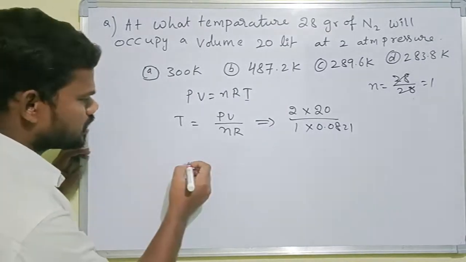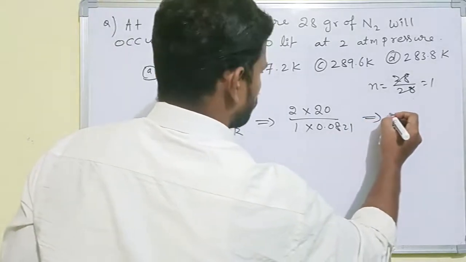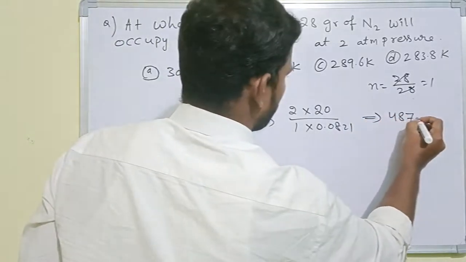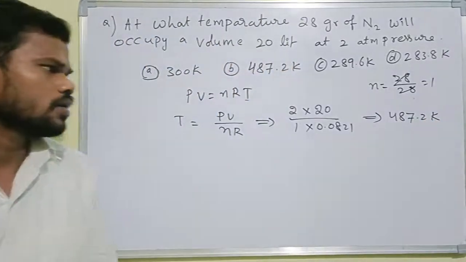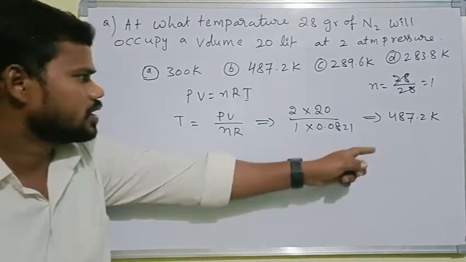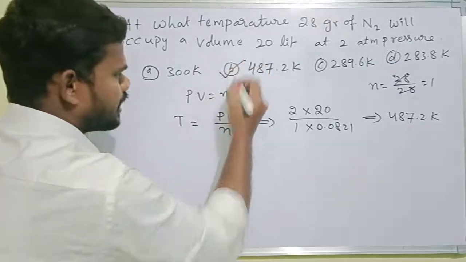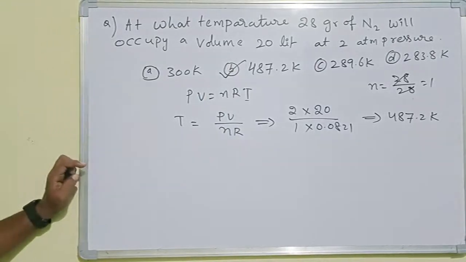If you calculate this, you will get the temperature T equal to 487.2 kelvins. Clear? So the second option is correct. Next problem we can see now.